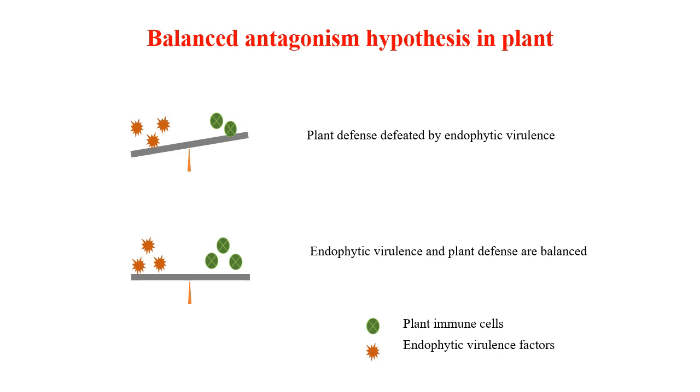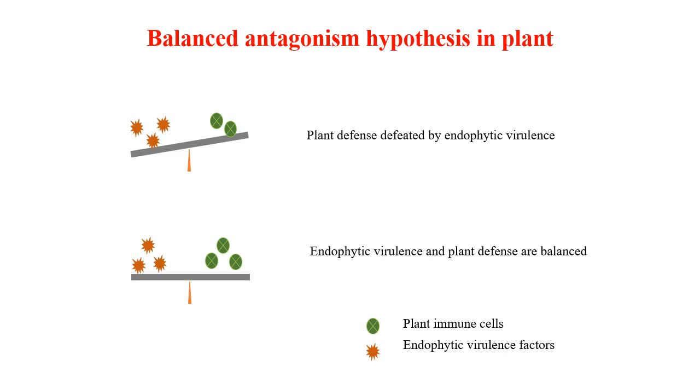Let us talk about the balanced antagonism hypothesis in plants. When endophytes invade the host plant, the host defense mechanism gets activated and produces immune cells against endophytic virulence factors. Such immune cells limit the development of endophytes. At that time, the endophytes also produce metabolites to overcome the host defense mechanism.